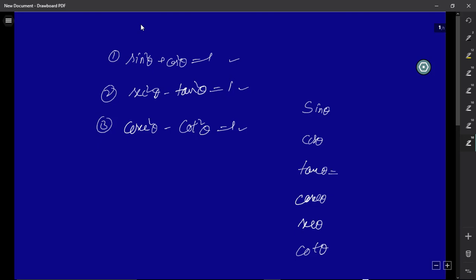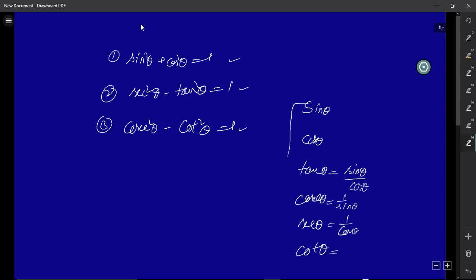Every other trigonometric ratio we can write in the form of sine or cos. For example, tan theta we can write as sine theta by cos theta. Cosecant theta we can write as 1 by sine theta. Secant theta we can write as 1 by cos theta.